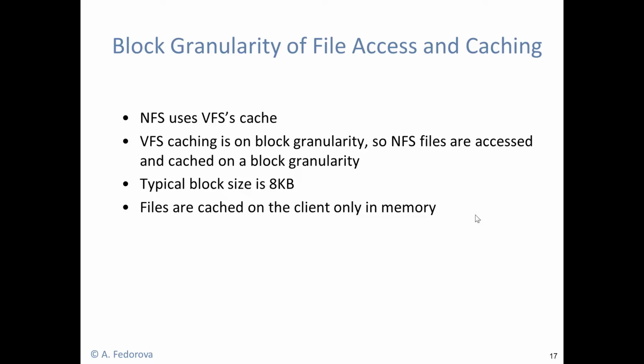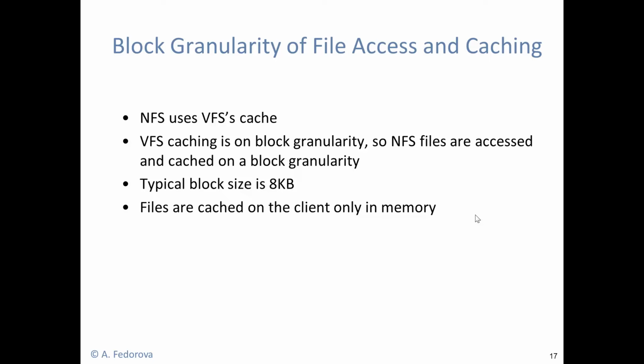So Unix file systems typically cache file blocks that are accessed by applications. This is called a virtual file system cache. It is convenient for NFS to take advantage of this caching that already exists in the operating system.